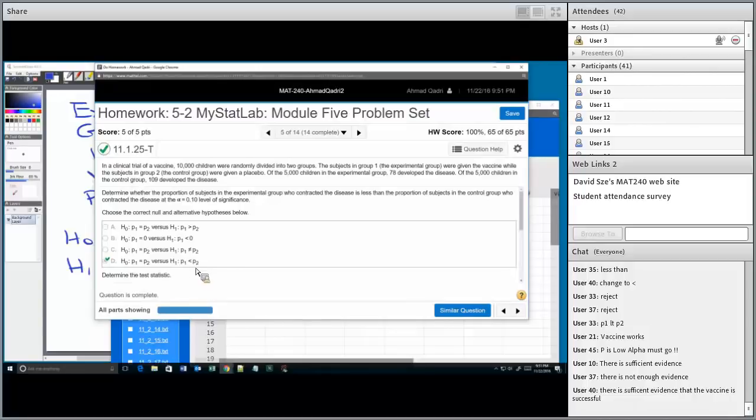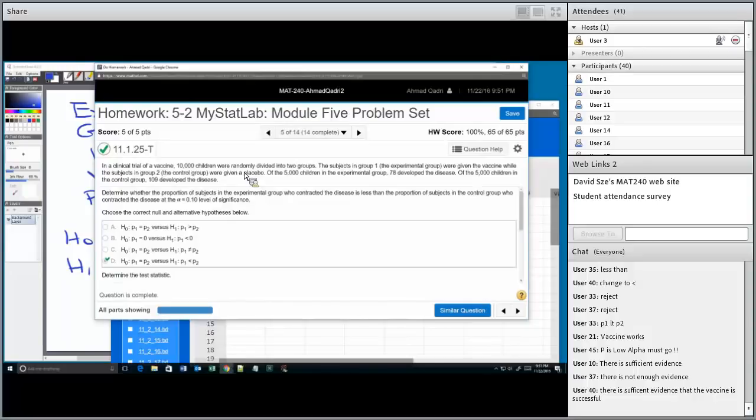If P1 is less than P2, what does that mean? It means that the vaccine is actually doing a good job of helping out with the disease, because there are fewer children in group 1 who have the disease when they get a vaccine compared to the control group when they don't get the vaccine. So there is sufficient evidence that the vaccine is successful.